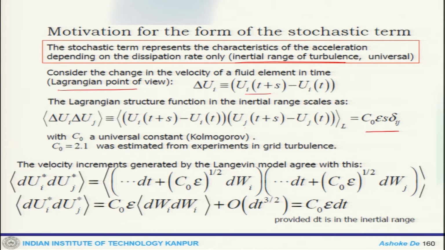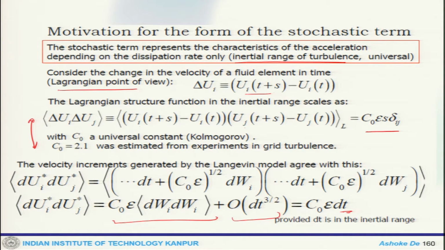Similarly, the velocity increment due to the Langevin model correlates nicely with this concept, and this is where you get this term and the other part, which is in your inertial range.